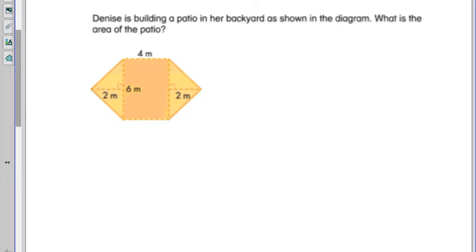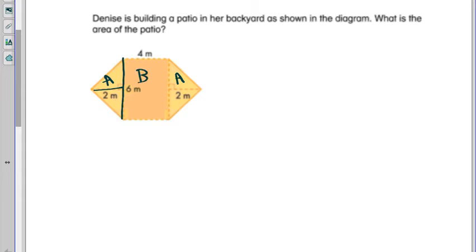And if I look at this, I do, in fact, see two triangles and a rectangle. And the two triangles are congruent. They both have a base of 6 meters and they have a height of 2 meters. So I'm just going to call that shape A. Both of them are the same, and then the rectangle is different.